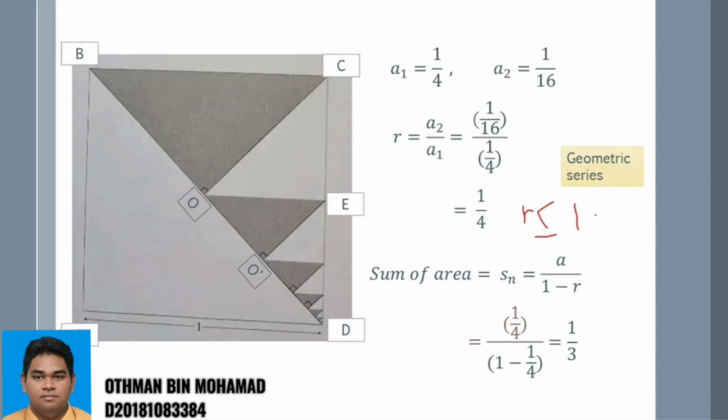So we can find the sum of the area, where the geometric series is A over 1 minus the common ratio. So 1/4 over 1 minus 1/4 equals 1/3. Now we got the sum of the area of the shaded region, which is 1/3.